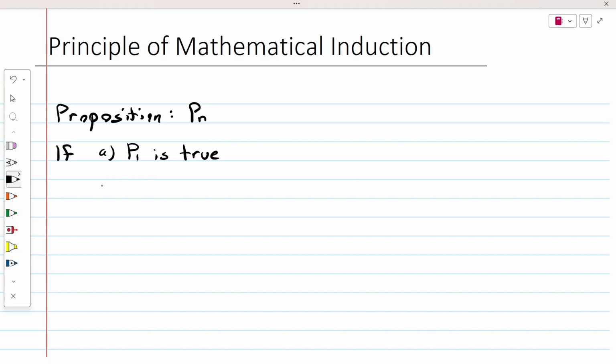So if P1 is true, and for all m in the natural numbers, 1 to infinity, so for all positive integers m, we have to show that if P of m is true, then P of m plus 1 is true.